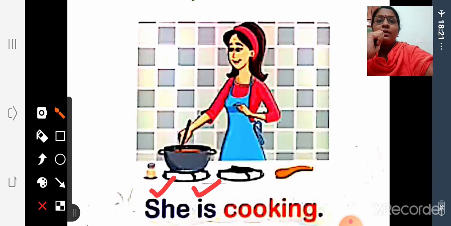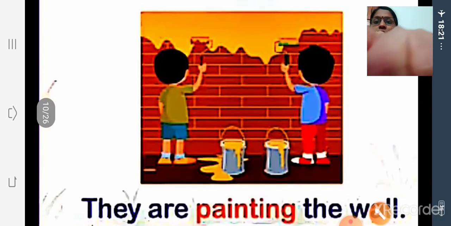The am, is, are plus verb plus ing form is used to talk about things that are happening right now, that is, actions that are happening at the time of speaking. She is cooking now. Next sentence: they are painting the wall.